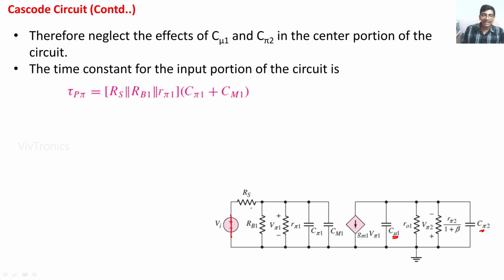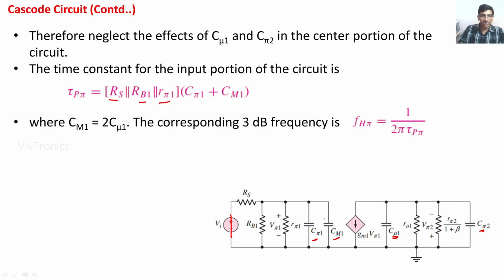Therefore, Rs will be in parallel with these resistances: Rs in parallel with Rb1 in parallel with rπ1, multiplied with Cπ1 plus Cm1, and here Cm1 is nothing but 2 into Cμ1. The corresponding 3 dB frequency fH due to the Cπ capacitance will be equal to 1 by 2π tau pπ.